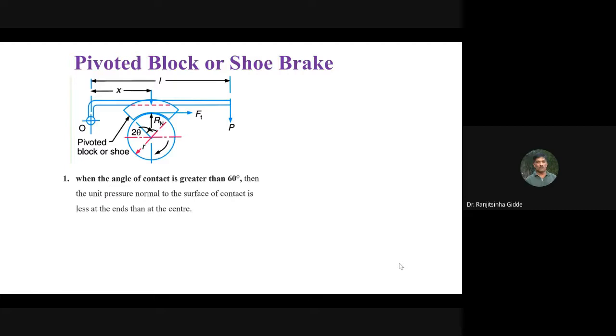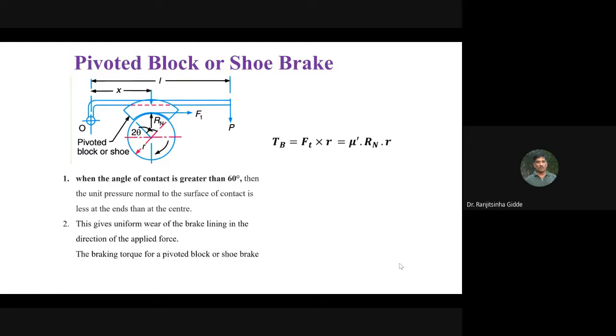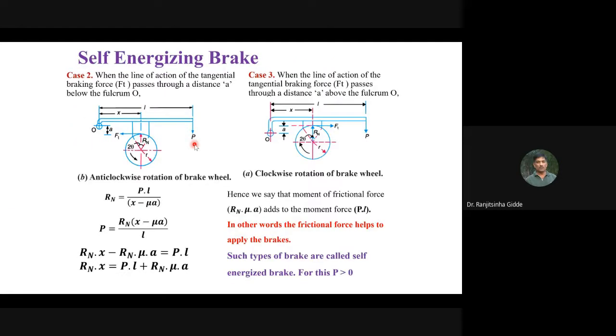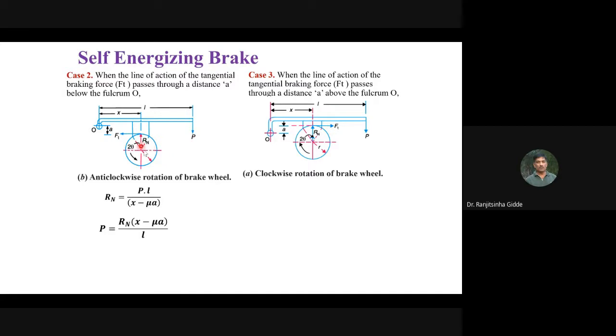Now, the pivoted block and shoe brake. You can check this. I will just read it for your information. Previously we have seen this: 2 theta is less than 60.